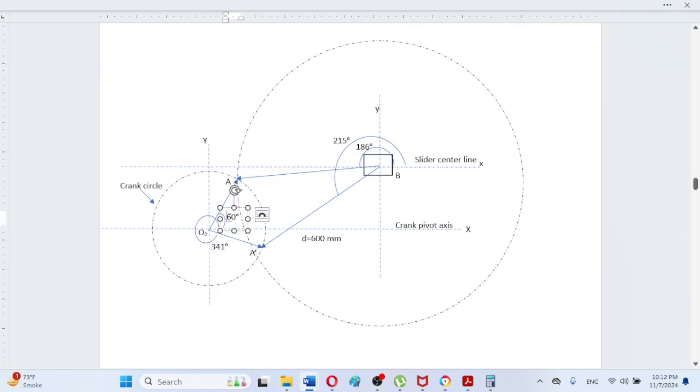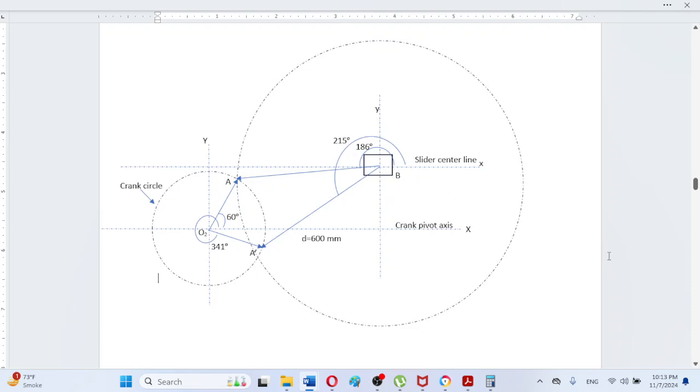The angles for the crank are 60 degrees, meaning theta 21, and theta 22 is 341. This is the crank pivot, and this is the slider axis center line. In a similar manner, the offset is in the positive orientation, which is equal to 220 millimeter in the upward direction.